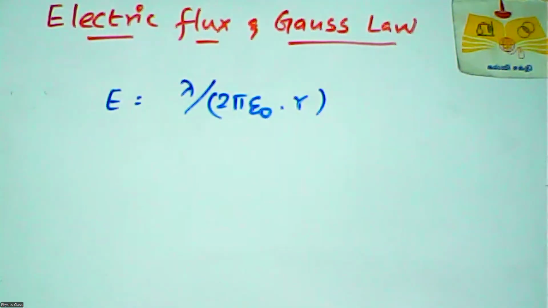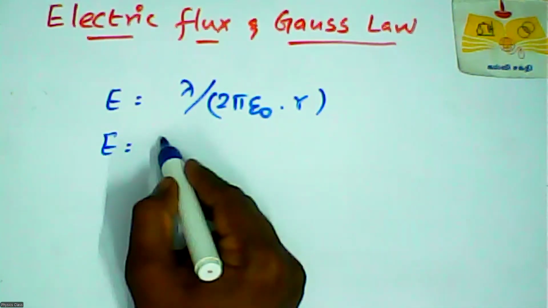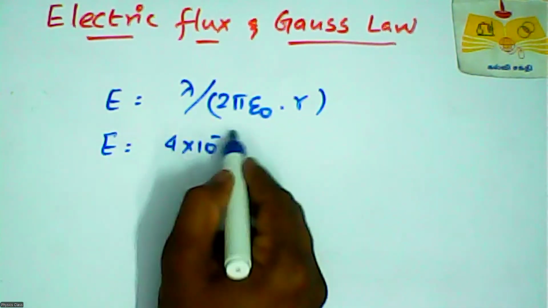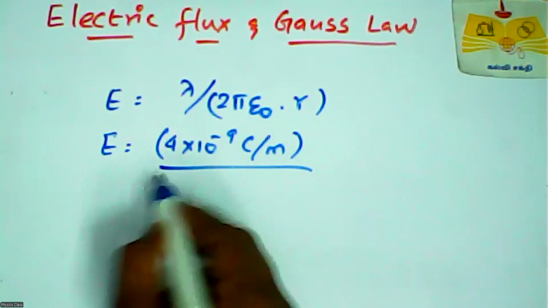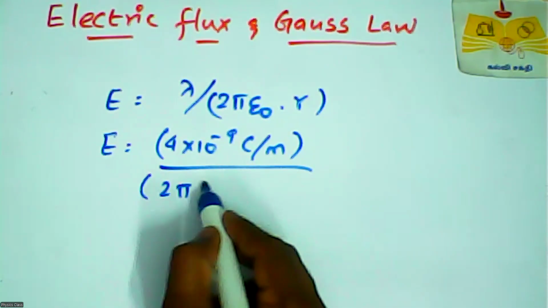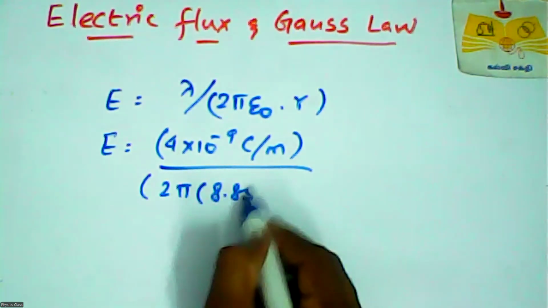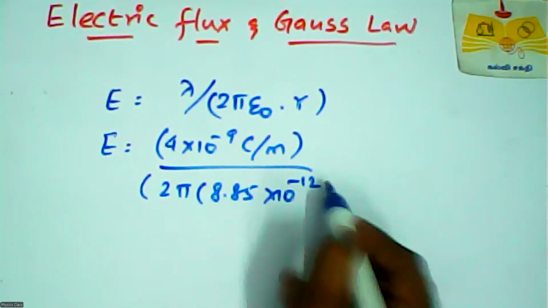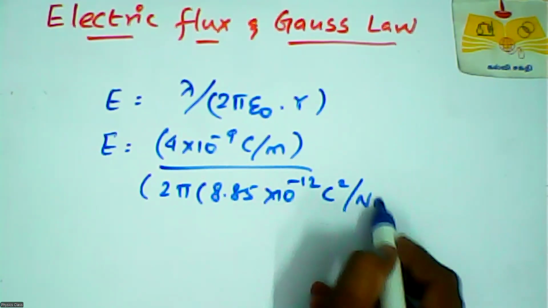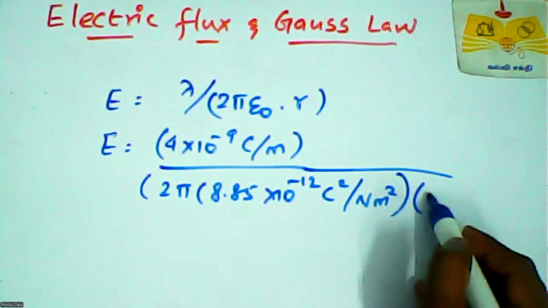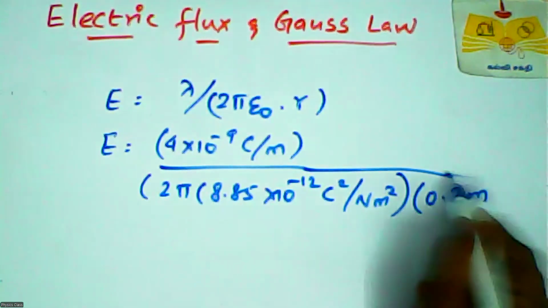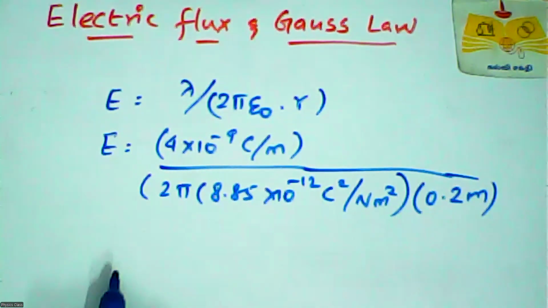Now substitute the values. Lambda is 4 into 10 power minus 9 coulomb per meter, epsilon naught is 8.85 into 10 power minus 12 coulomb square per Newton meter square, radius 0.2 meter. So we can calculate.